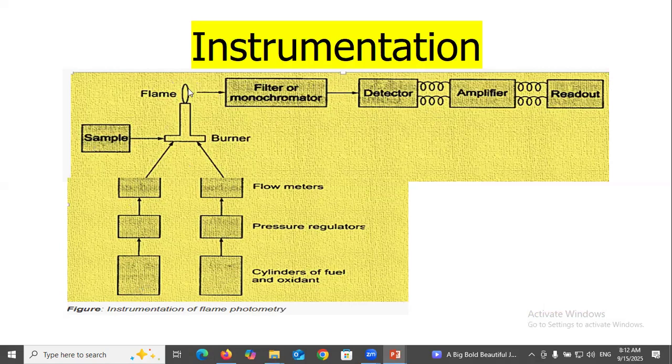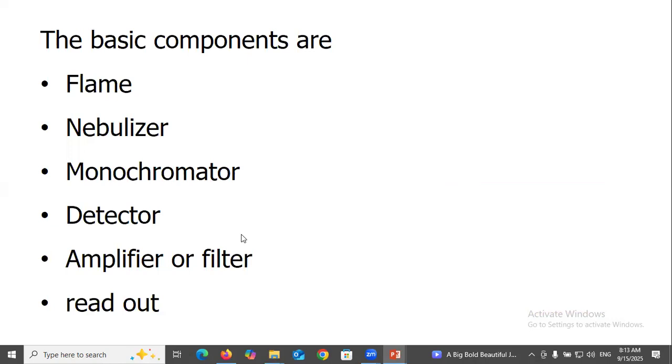In case of a flame and in case of AAS, we have the atomization. Then after that, monochromator, detector and recorder, all are similar. Only in case of atomization, the flame, in case of atomic emission spectroscopy. The basic components are flame, nebulizer, monochromator, detector, amplifier, filter, or readout.